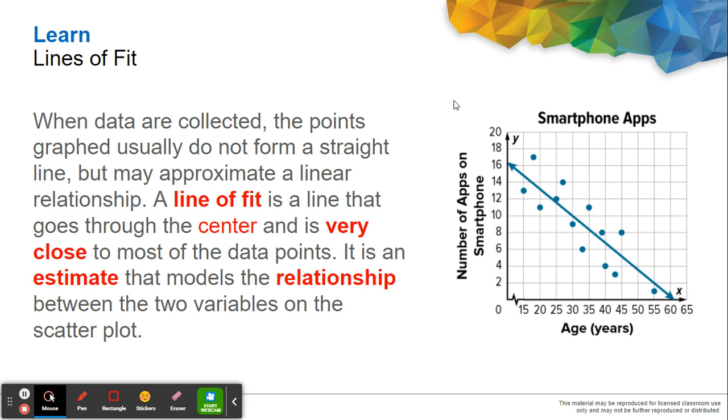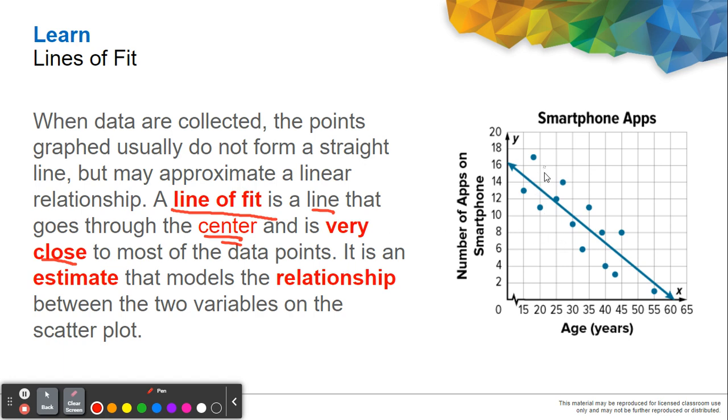So let's get started. When data are collected, the points on the graph usually do not form a straight line, but may show an approximately linear relationship. That's why a line of fit is a line that goes through the center and is very close to most of the data points.